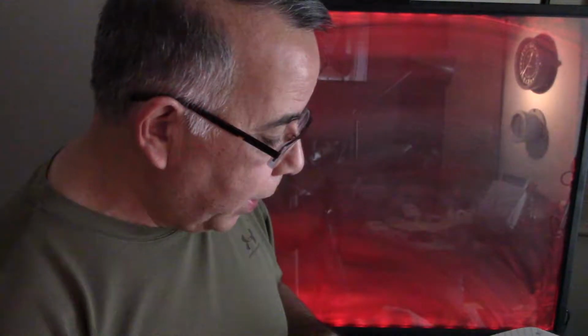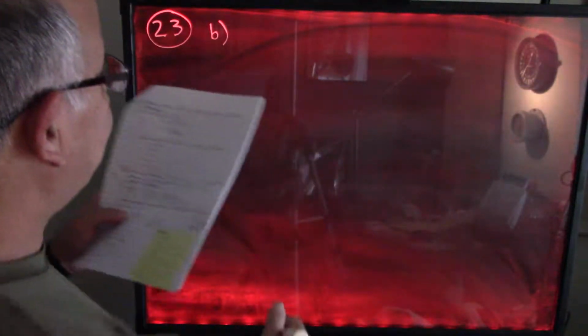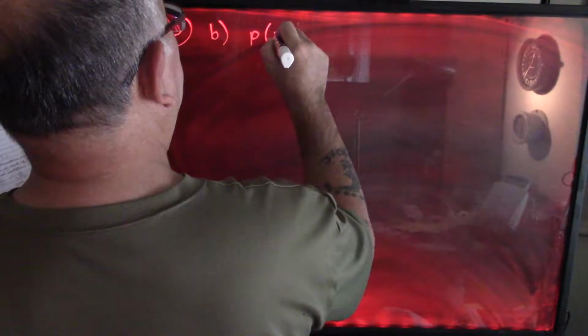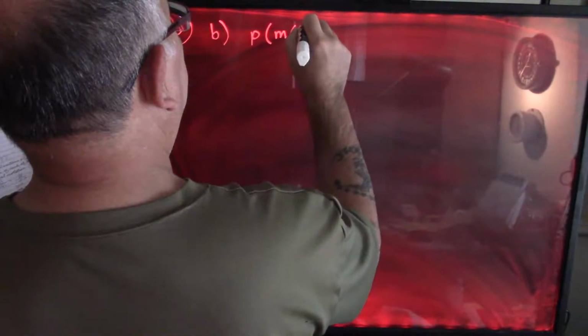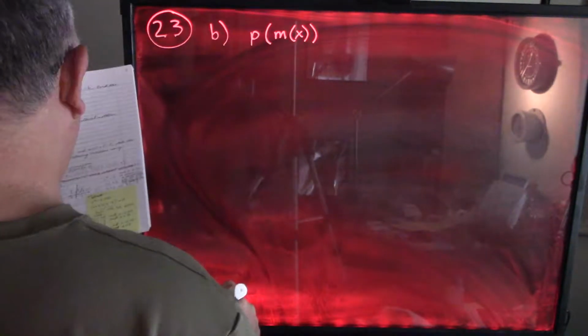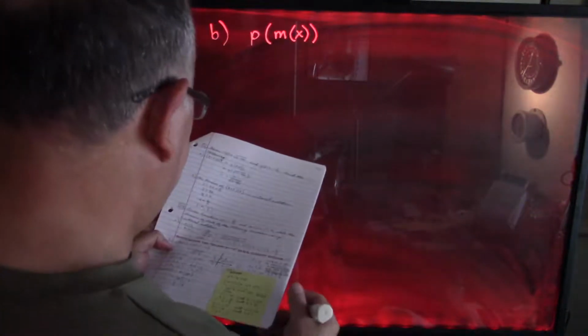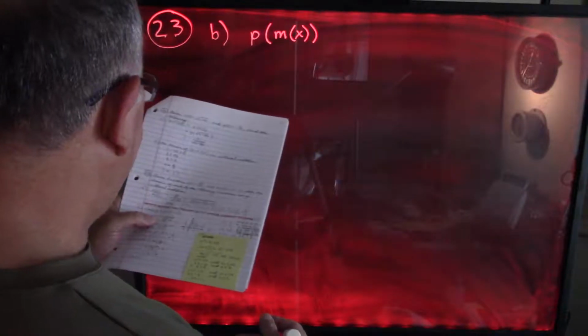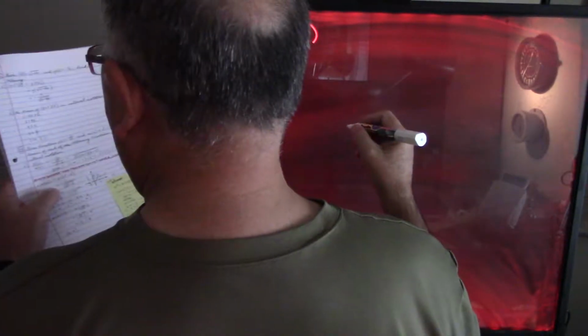Okay, so part B, we have p of m of x, alright, so we need to find its domain. Now there are at least 3 ways to approach this, and I'm going to show you all 3. So buckle your seatbelt, bear with me.